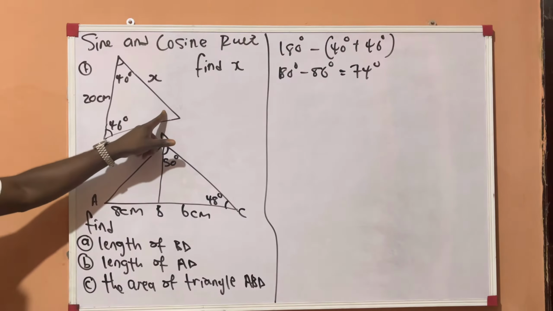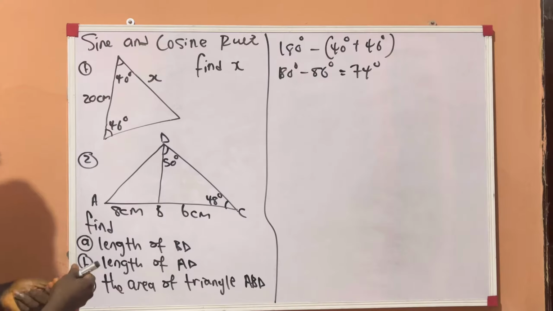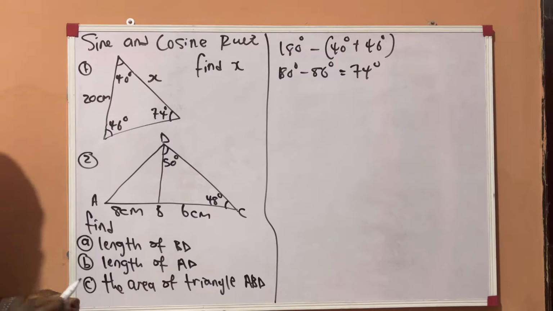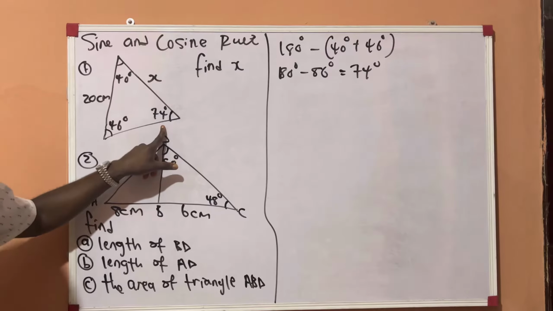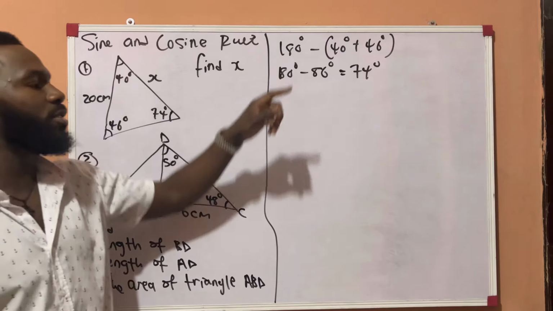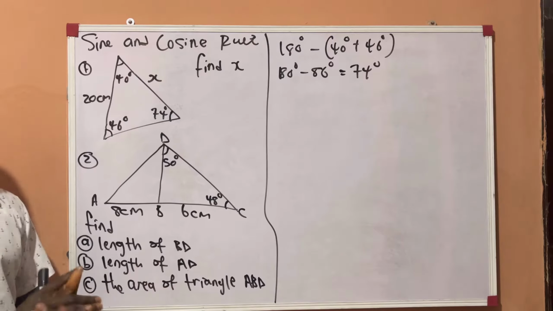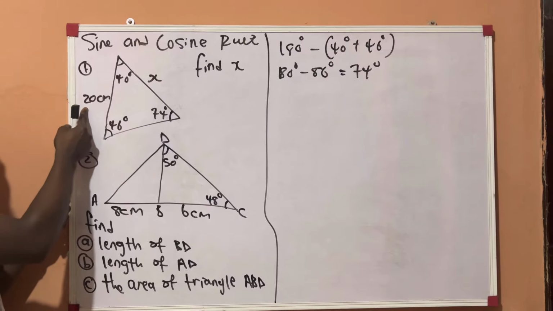It means the third angle of this triangle is 74 degrees, so I'll include 74 degrees here. Therefore 40 plus 46 plus 74 degrees gives us 180 degrees, which is the sum of angles in a triangle.